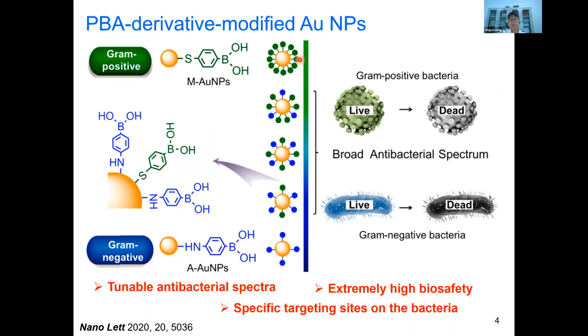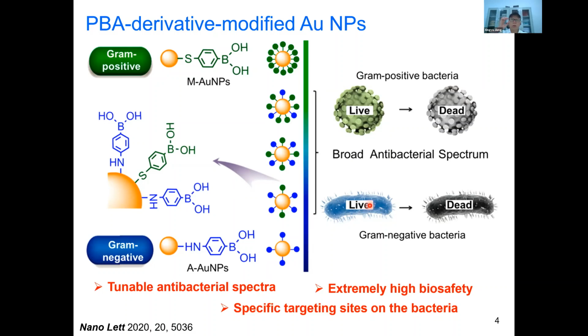And we tested the particles against a very broad panel of bacteria, and we found that the sulfur-terminated phenylboronic acid could kill the gram-positive bacteria very selectively, whereas the amine-terminated phenylboronic acid is selective against the gram-negative bacteria.